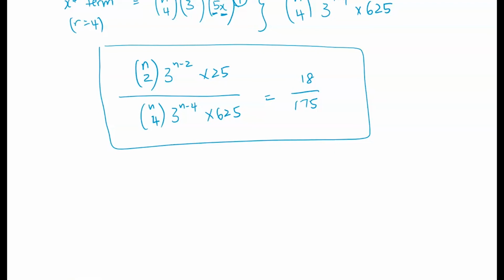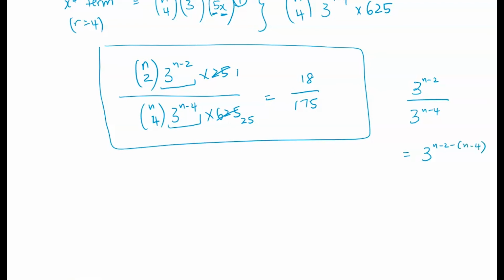Let us simplify this equation. I have 25 and 625. I can simplify it to 1 and 25. And then I have powers of 3. This one I can simplify using indices, because we have 3 to the power of n minus 2 over 3 to the power of n minus 4. My laws of indices says that if it's a division, I change it to a subtraction of the powers.